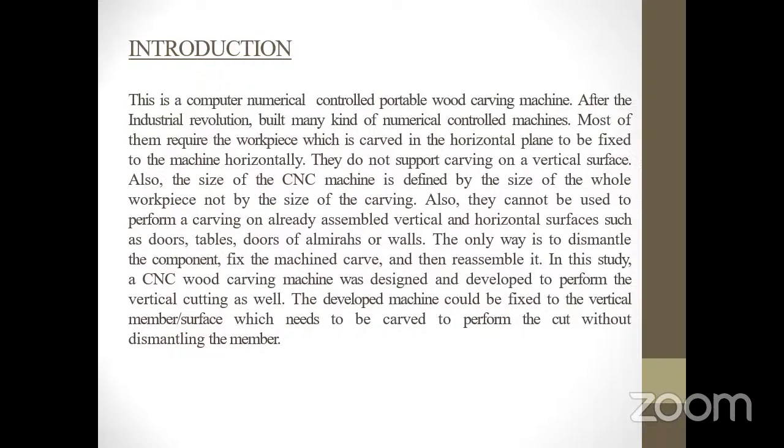In this study, a CNC carving machine was designed and developed to perform vertical cutting as well. The developed machine could be fixed to the vertical surface which needs to be carved to perform the cut without dismantling the member.